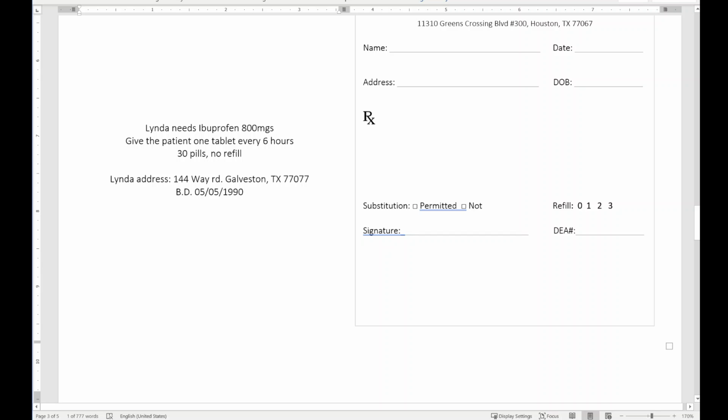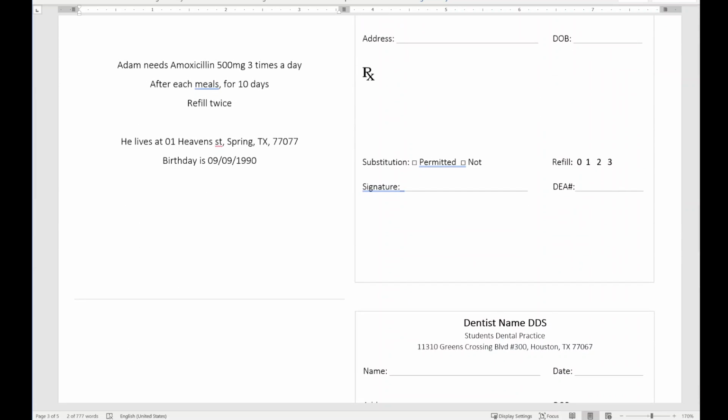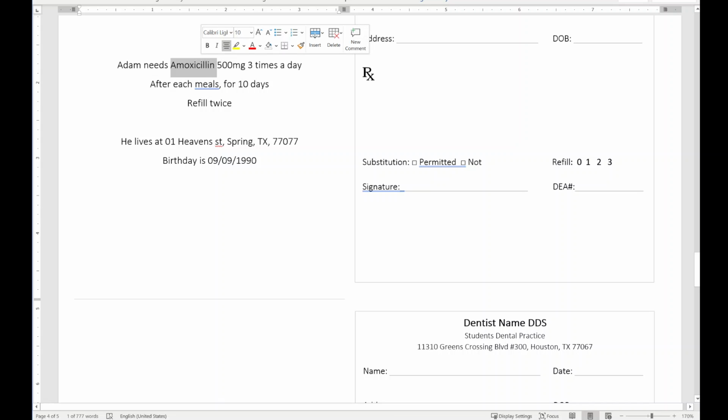This one, ibuprofen is the drug name. 800 milligrams is the strength. They're tablets, give them 1 every 6 hours, so 1 Q6H. 30 pills, that's the dispensing, and there's no refill. You don't need a refill. We have amoxicillin. That is the drug name. That is the strength, right?